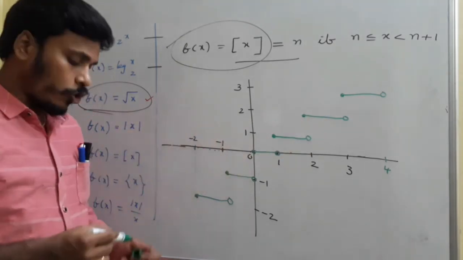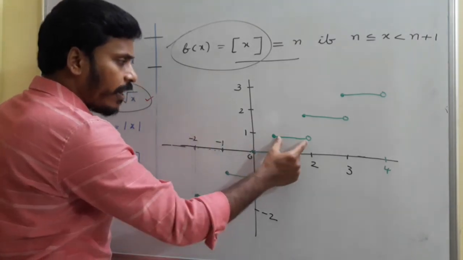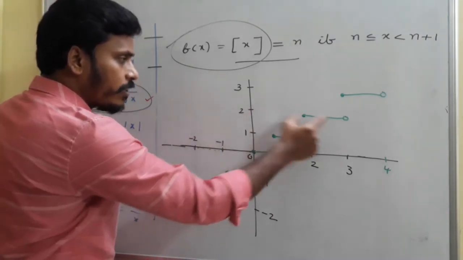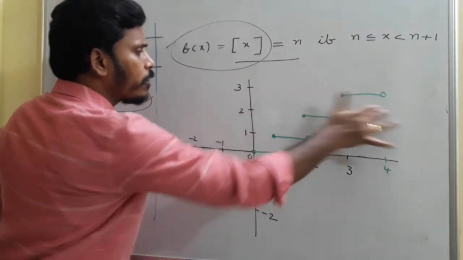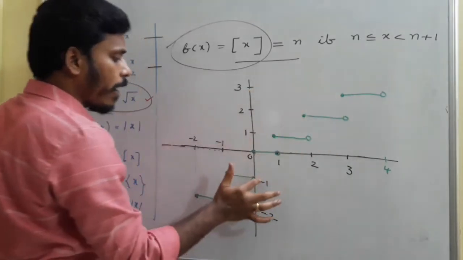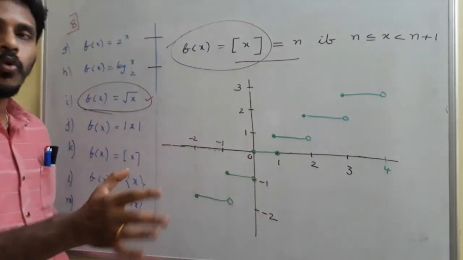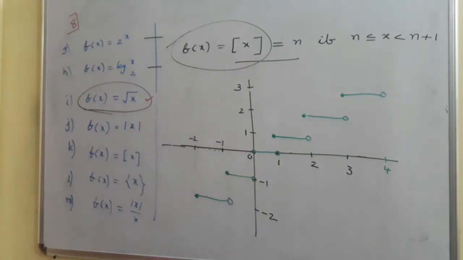But coming to the range, look at the graph. The graph is there at 0, at 1, at 2. In between 1 and 2, 2 and 3, there is no graph. Empty space is there, right? So that's why the range is just 1, 2, 3, minus 1, minus 2. The range is only integers. Just have a look, and then I will sketch the next graphs.